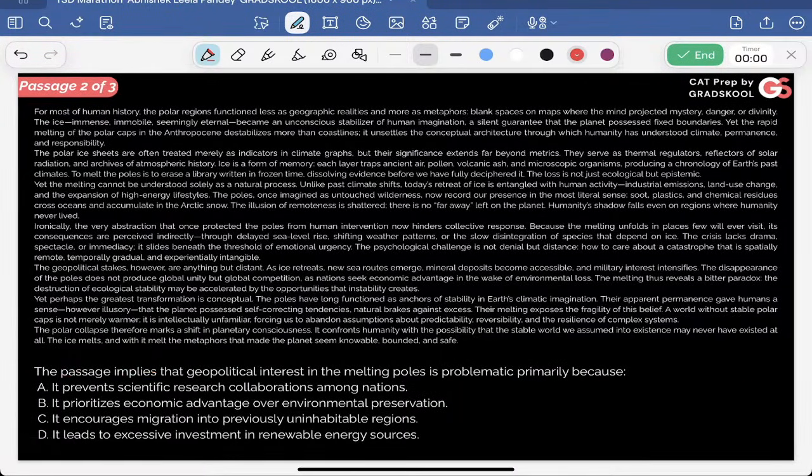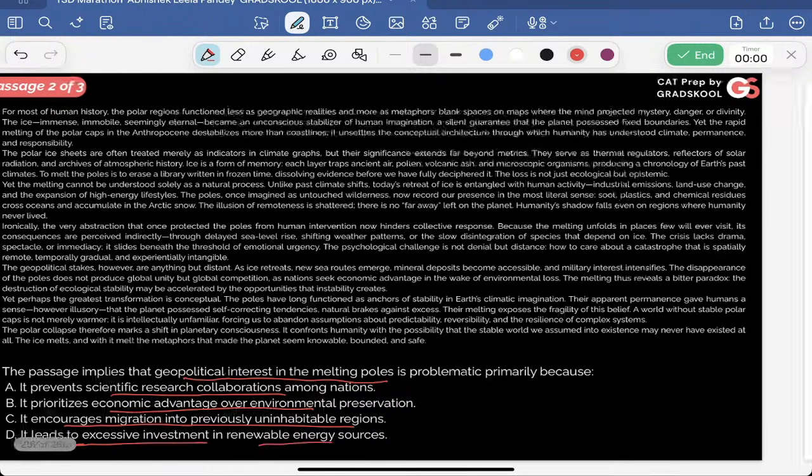The passage implies that geopolitical interest in the melting poles is problematic primarily because it prevents scientific research collaborations among nations. It prioritizes economic advantage over environmental preservation. It encourages migration into previously uninhabitable groups. It leads to excessive investment in renewable energy resources. Okay.